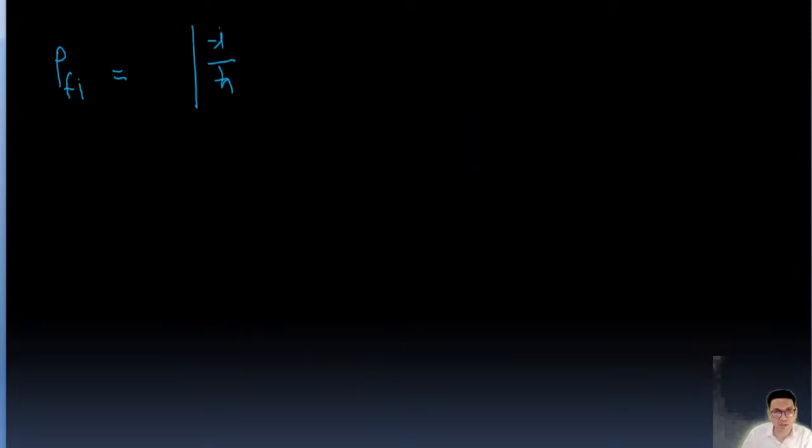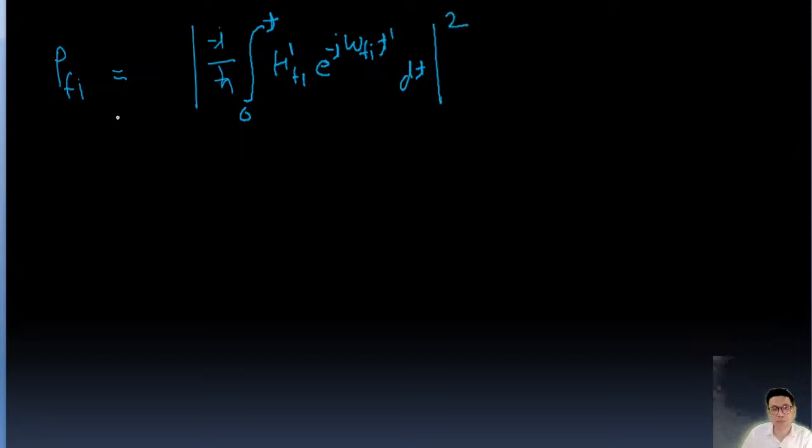Mod square of Cfi, integration 0 to t, H dash fi, e to the power minus i omega fi t dash, dt dash. This is mod square.